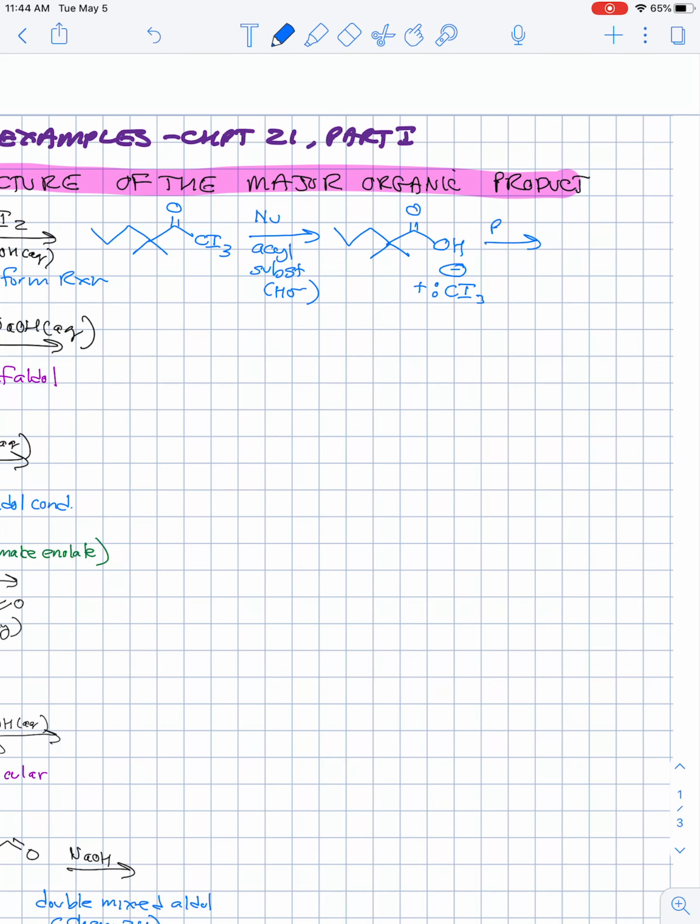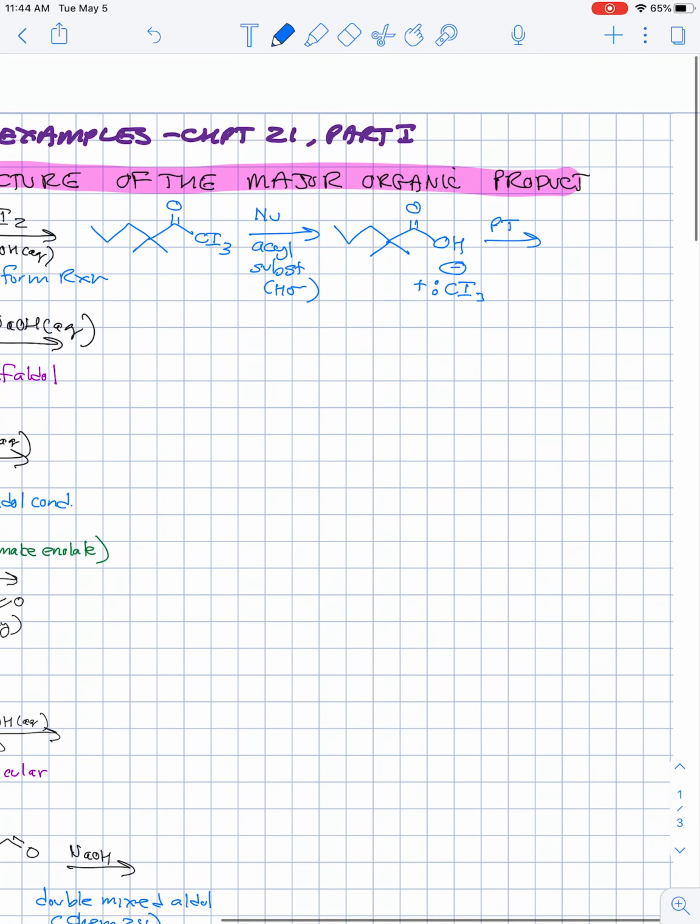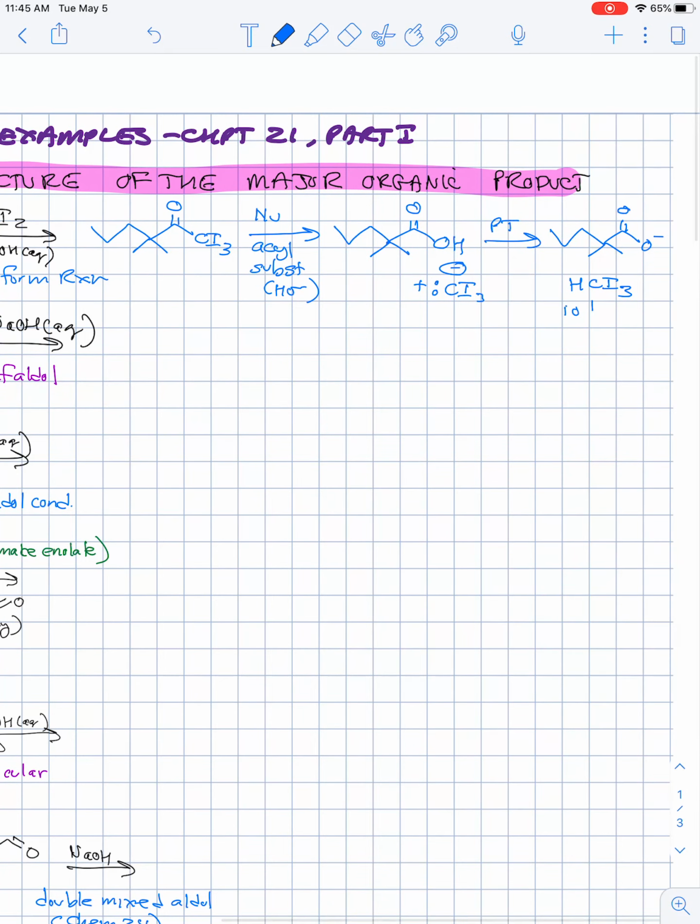And then these two just do a proton transfer. So we end up with the anion of the carboxylic acid and this substance, and this is known as iodoform, which explains the name of the reaction.